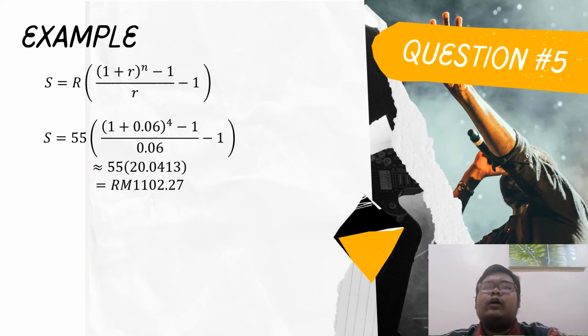So according to the formula, we put the information into the formula, which is S equals 55 open bracket (1 plus 0.06) to the power of 4 minus 1 over 0.06 minus 1 close bracket, and we will get the answer 1102 ringgit 27 cents.